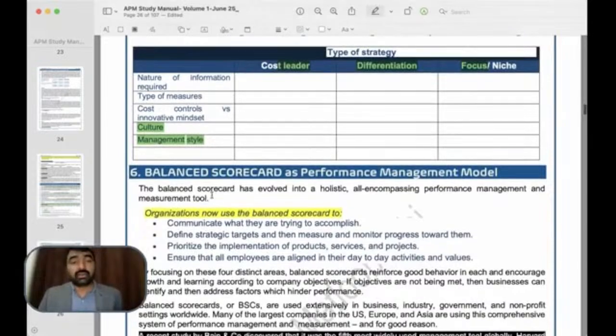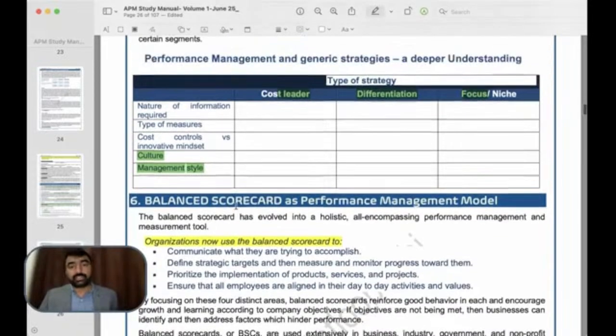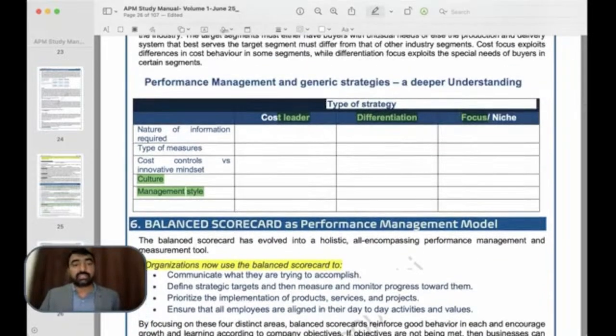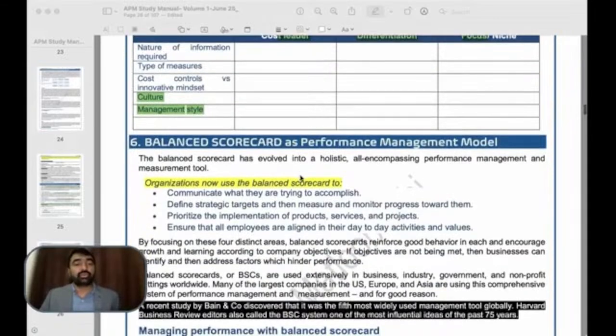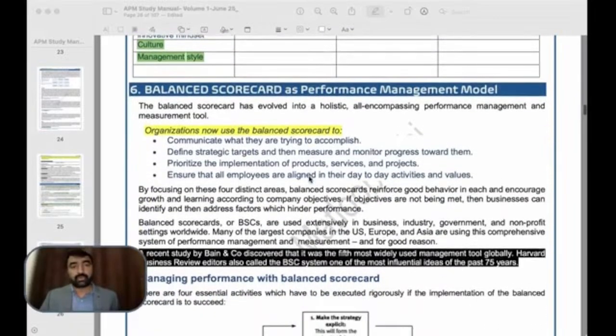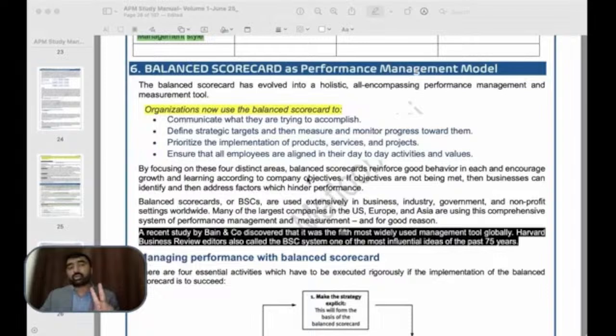Okay, so I think that is sufficient for this lecture, class number 3. In the next class, I would suggest you go through the balanced scorecard approach. Interestingly, the balanced scorecard model is used twice in APM.